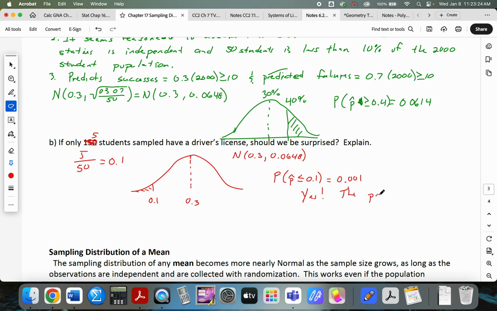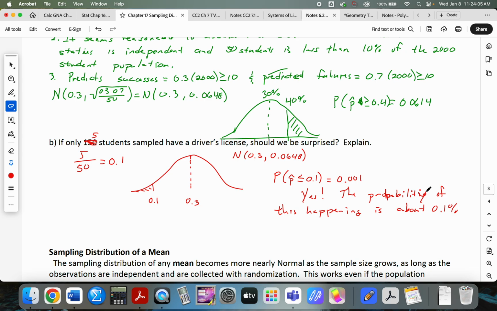The probability of this happening is about 0.1%. That's not very likely. Now, quick question for you. Could it happen? Yes. Absolutely, it could happen.